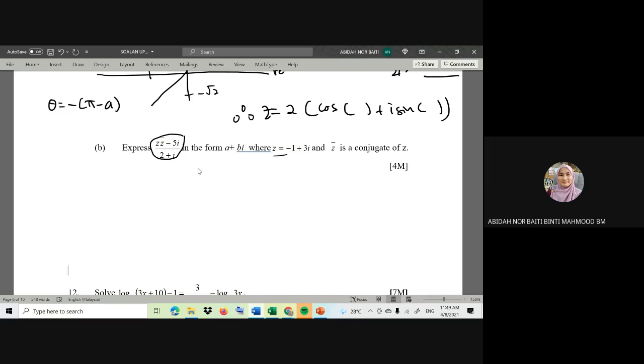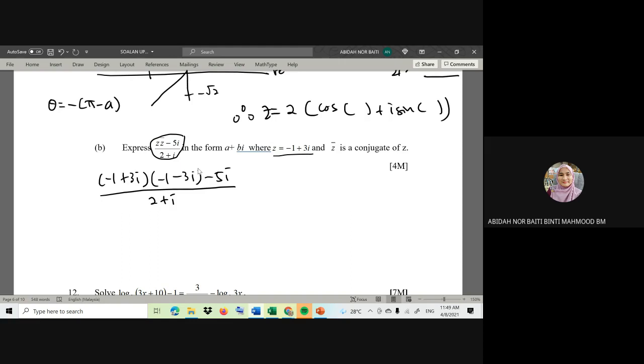So kita guna je equation tu. Dan dia dah bagi ni. Kita masuk je lah. Negative 1 plus 3i. Okay, your z bar is negative 1 minus 3i minus 5i over 2 plus i. Follow the equation given.